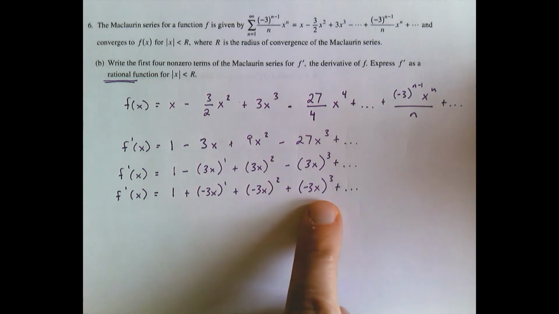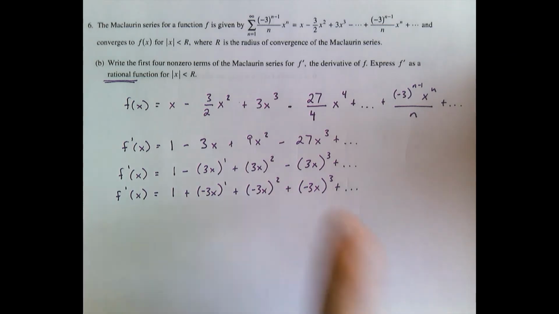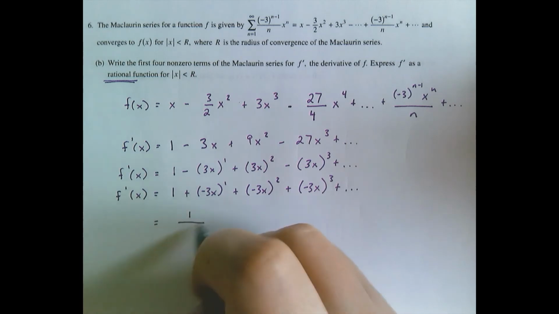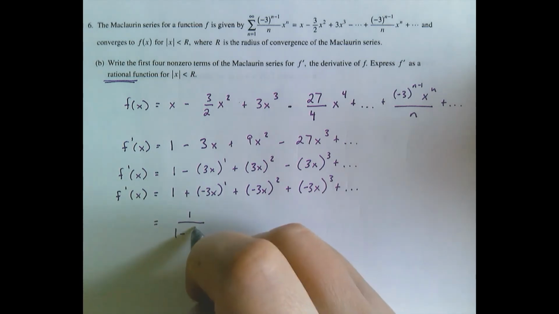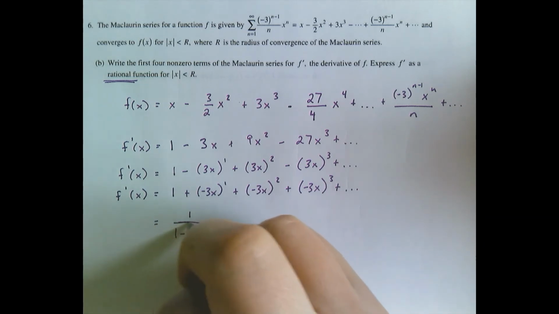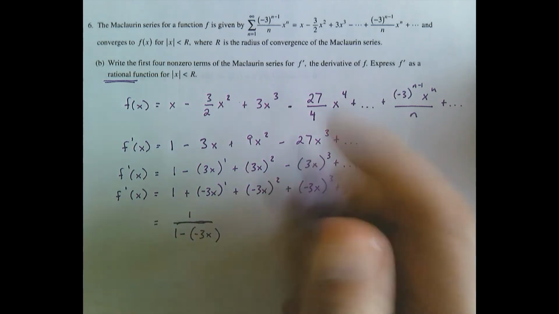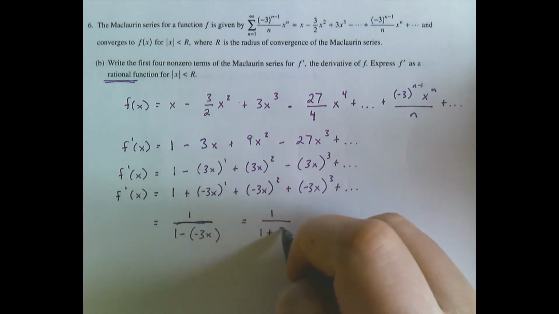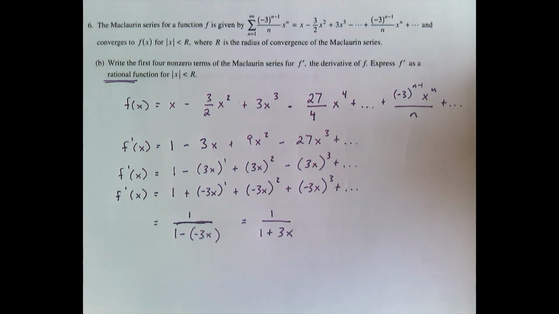This is the power series expansion, and this can be rewritten as 1 over 1 minus negative 3x. Or if we distribute that negative, 1 over 1 plus 3x.